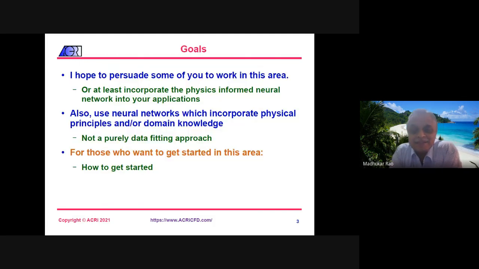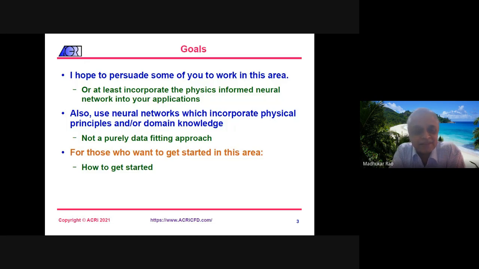Okay, so what is the goal of my talk? I'm very clear about this. I hope to persuade at least some of you to work in this area. Or failing that, I hope that at least some of you will incorporate the physics-informed neural network into your applications. That is the central goal of my talk.